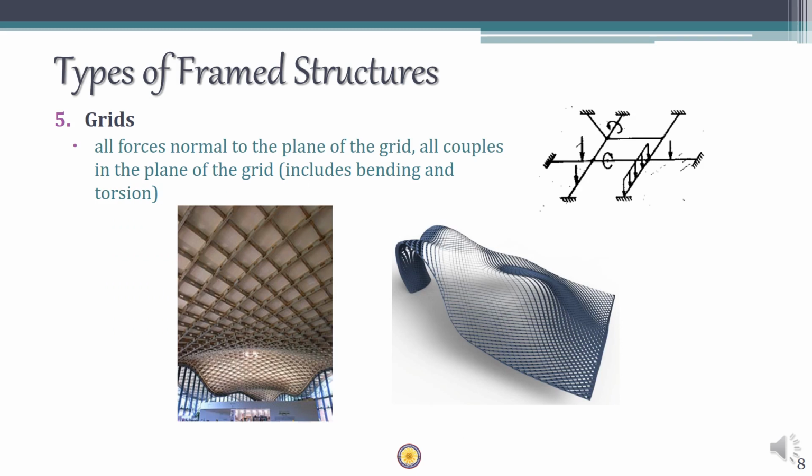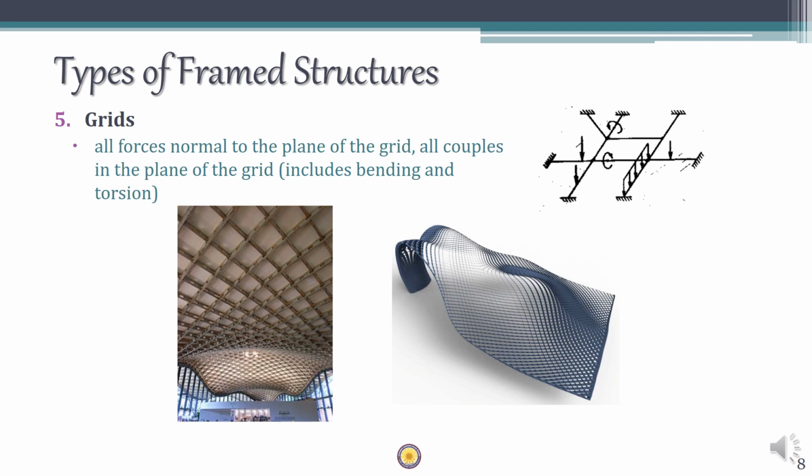So next one is grids. Grids are primarily those structures which span across in the horizontal plane. Okay, so this is exactly opposite to the plane frames. Grids can always support the forces which are perpendicular to the grid, and the couples which are lying in the grid.